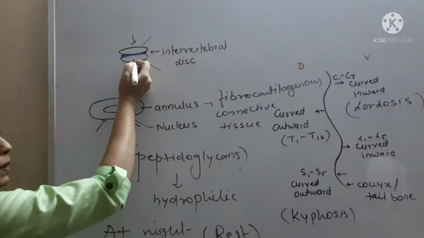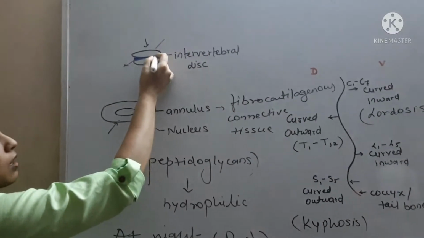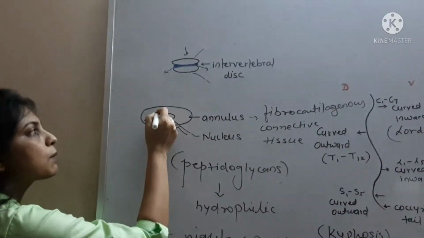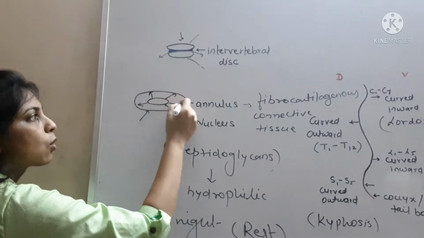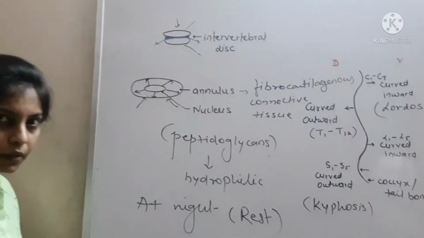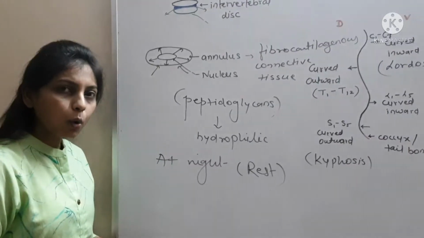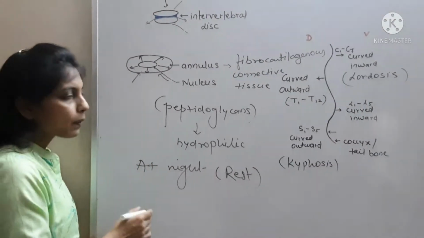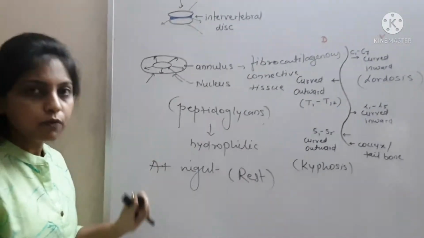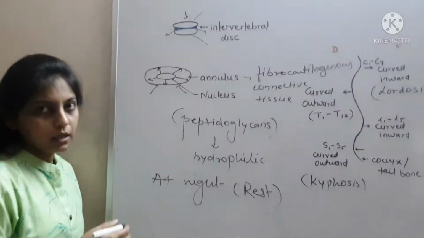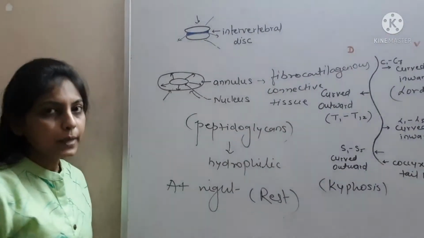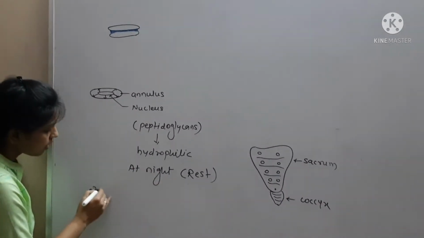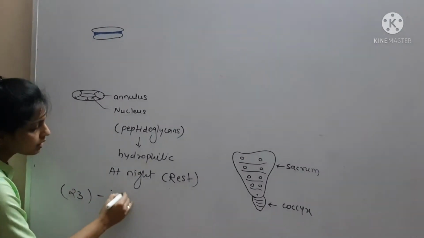Because of this pressure, the fluid is expelled and it helps in distributing the pressure equally over the vertebrae. As we grow old, these peptidoglycan molecules lose their property to reabsorb fluid and the disc becomes brittle. There are a total of 23 intervertebral discs present.